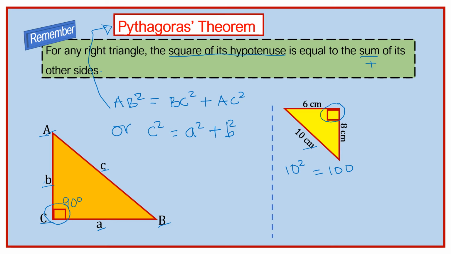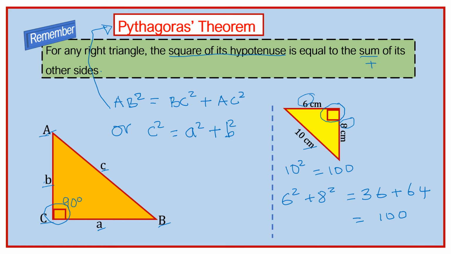Then we get the sum of other sides, 6 and 8. So we get 6 squared plus 8 squared, which is equal to 36 plus 64. You see that again we get 100.